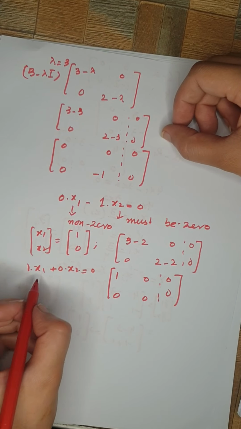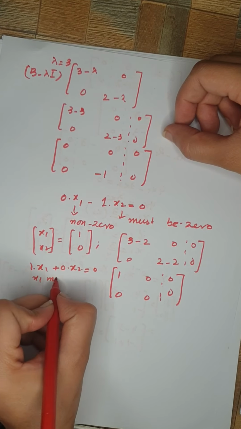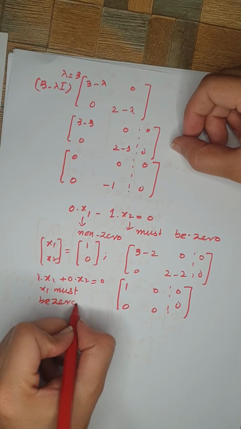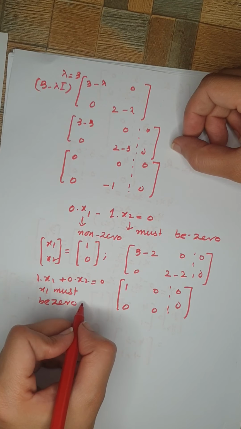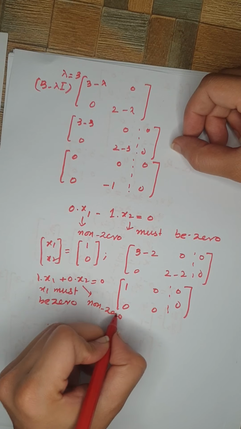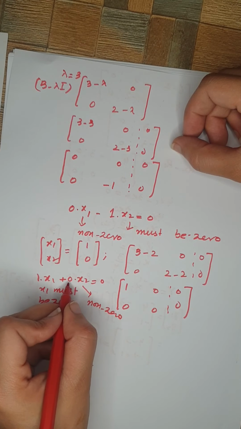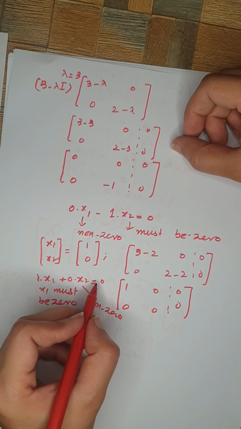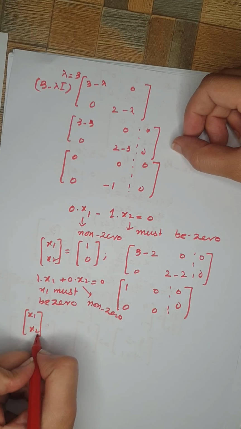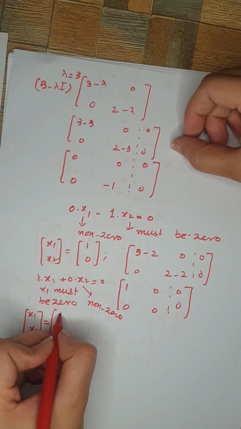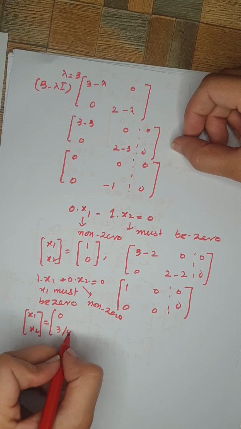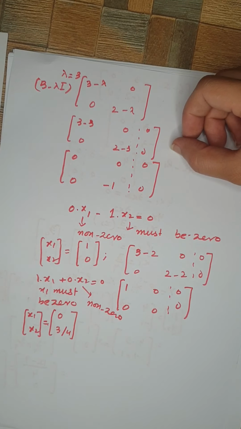So in this expression x1 must be 0 so that the equation can be satisfied, while x2 can be any non-zero value because its coefficient is 0, which will already convert it to 0. So the eigenvector that I can have has x1 equal to 0 while x2 can be any non-zero value, which is 0 comma 3 by 4.